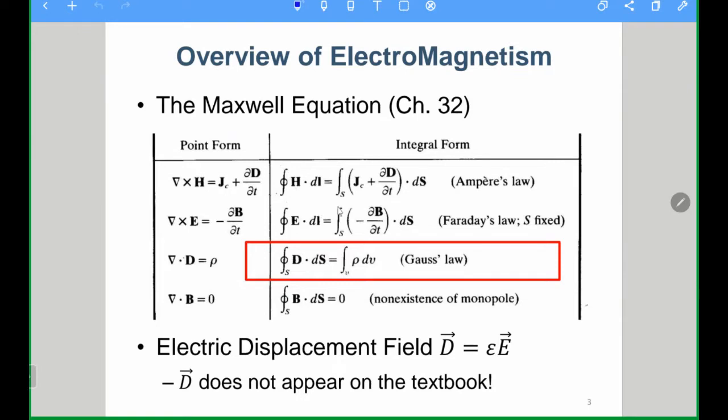In this textbook, it's written as an integration of E dot dA equals Q enclosed, something like this. How it is written is not that important because for different textbooks, the equations are different.